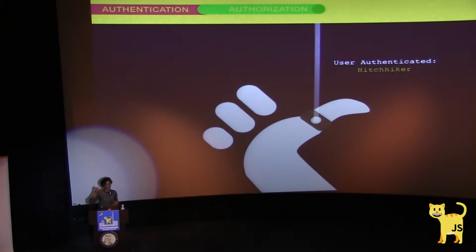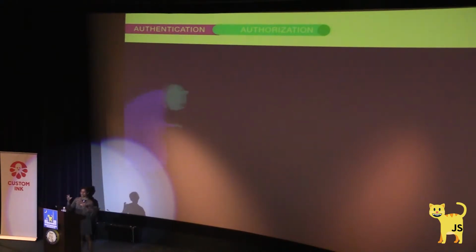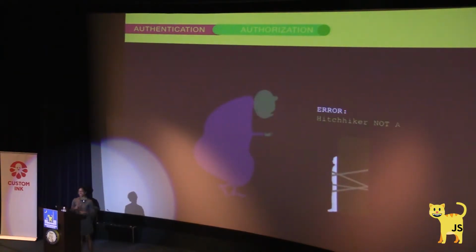The electronic thumb can be seen as an authentication device, loosely. With that, Ford Prefect can authenticate himself and notify passing ships that he's a hitchhiker looking for a ride. That's really useful. In terms of authorization, that's a totally different story, because even though the spaceship has been notified that there is a hitchhiker, Ford Prefect and Arthur Dent are not actually authorized to be on the ship or stay on the ship, and so they're booted off.